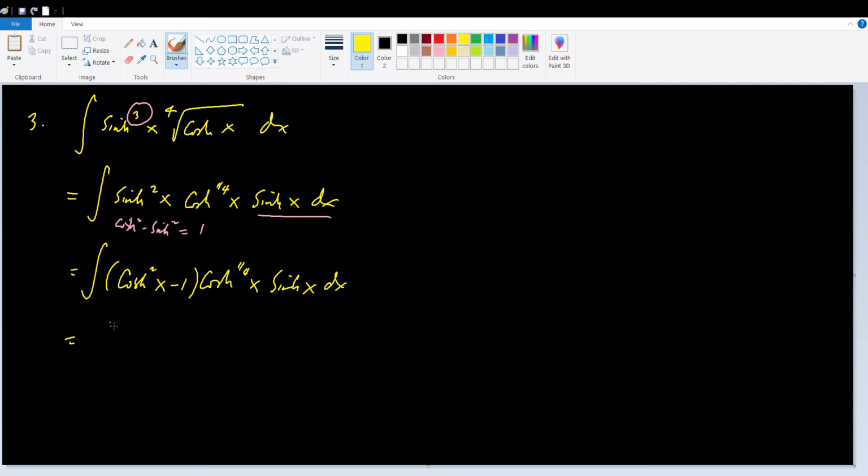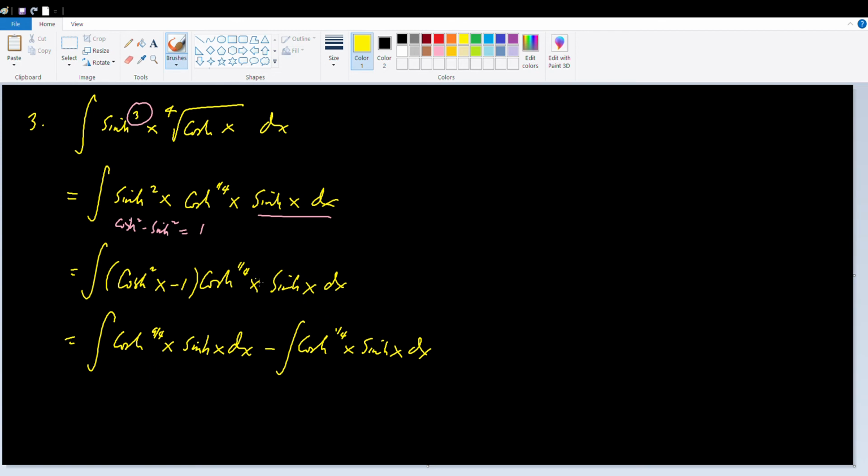Distribute. That will be hyperbolic cosine of 2 plus 1/4, which is 9 over 4 of x, hyperbolic sine of x dx, minus hyperbolic cosine to the 1/4 of x, hyperbolic sine of x dx.